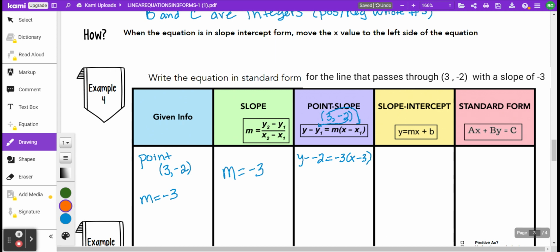Hopefully we've already noticed this double negative. So I can't have double negatives. I'm getting that positive. So to simplify our problem, I'm saying y plus 2 equals negative 3x minus 3.